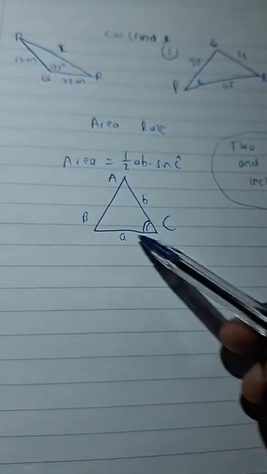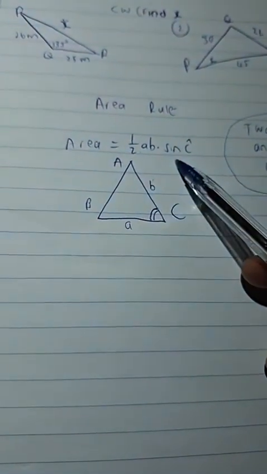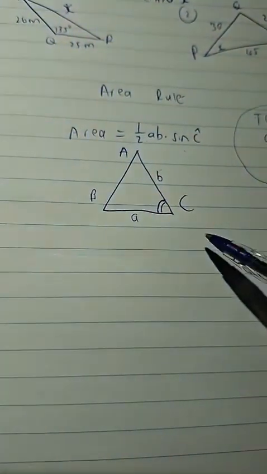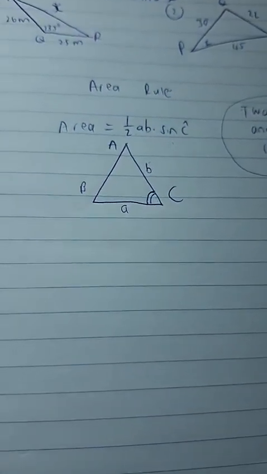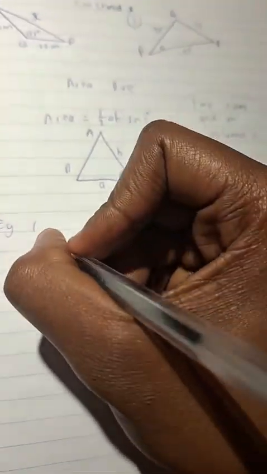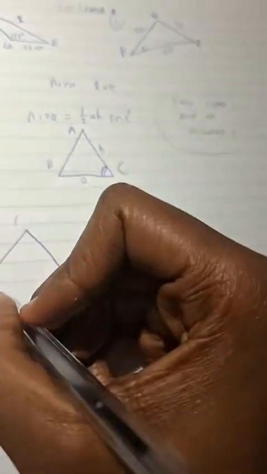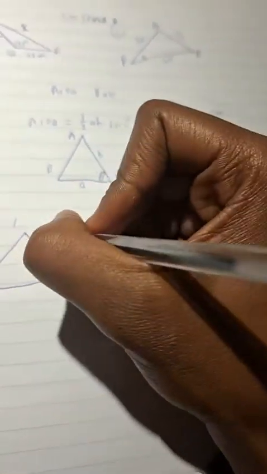Two sides and an included angle means we can use the area rule. We find the area of the entire triangle using this rule. Helps a lot. I'm going to do an example so that you can see the rule in use. And then I have to call it a night, y'all.